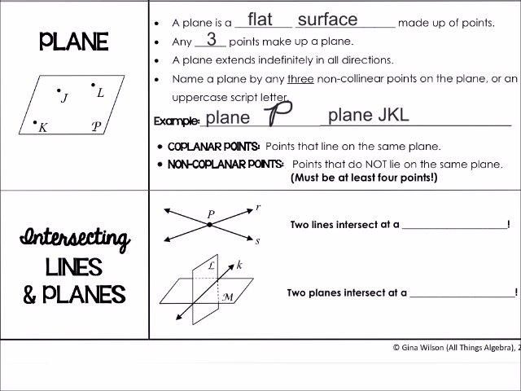Okay, so there are different ways of representing a plane. You can use the script capital letter, so plane P would be an example of how to identify this plane. Or you could also call it plane JKL. We usually put the letters in alphabetical order.